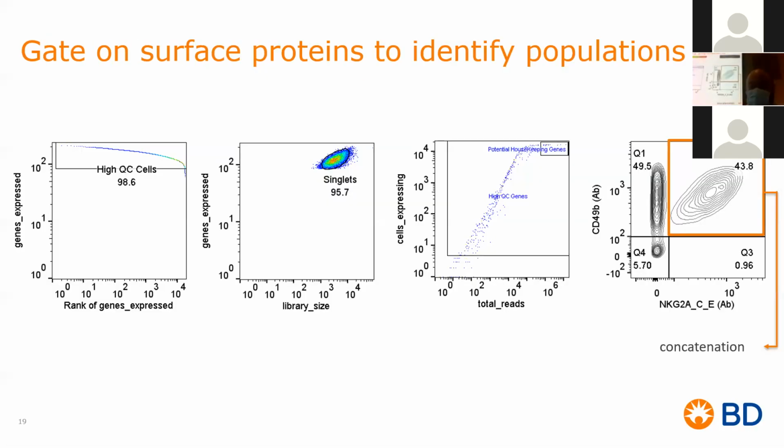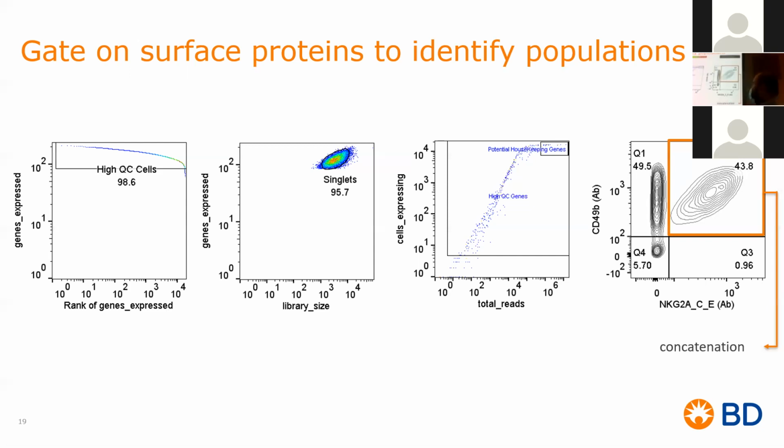Okay, the last part was concatenation. So I showed you a total of eight populations that I sorted from 3 different treatment groups. If you remember, I had NSMKs and multiple cartridges. So I did also remove batch effects.